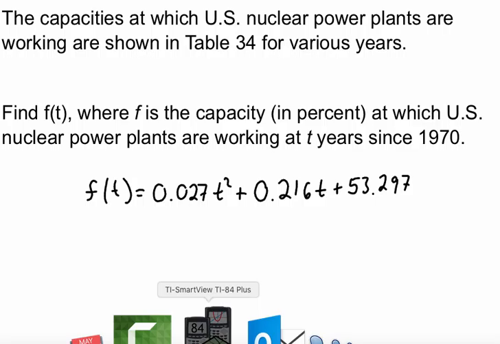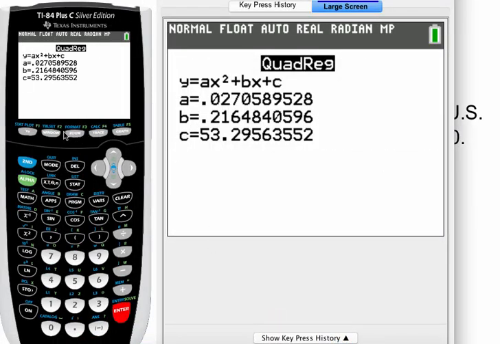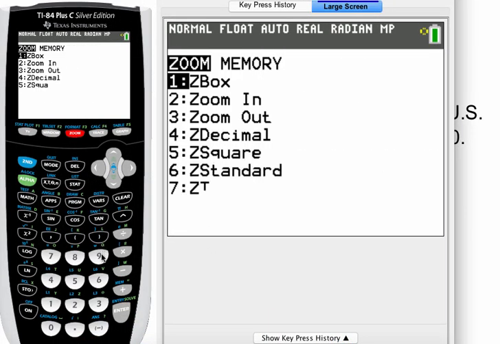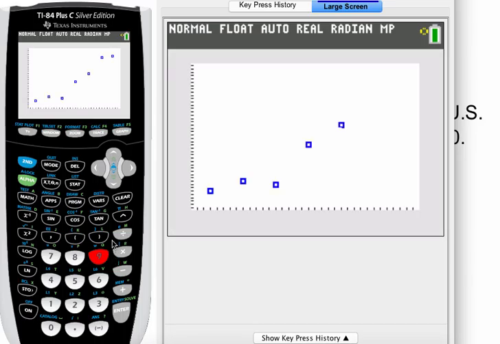Let me go ahead and look at my graph. I'm going to hit Zoom 9. Here's the data, and here's my quadratic curve. It actually seems to be doing pretty good. There's a little bit of error in a couple of these values, but that's okay. We expect some error to exist in our data set.